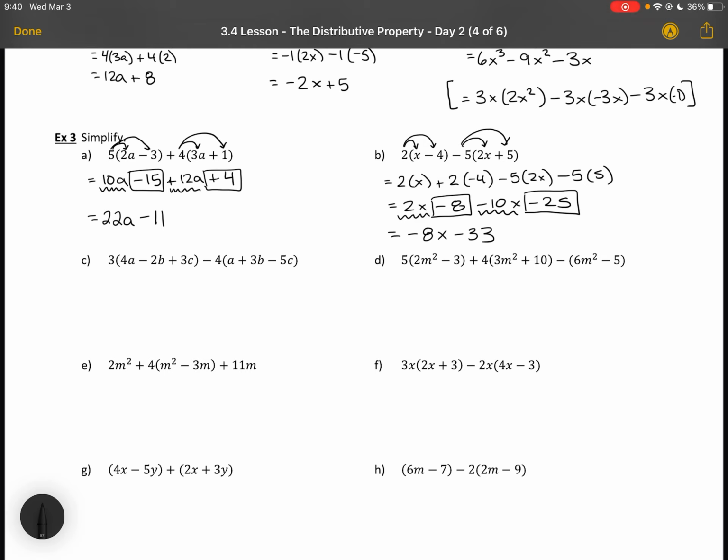So I have a 3 outside of these first set of brackets. That 3 is going to apply to each term inside the brackets. Same with the minus 4 in my second set of brackets.